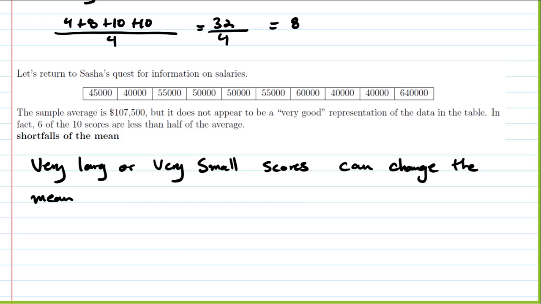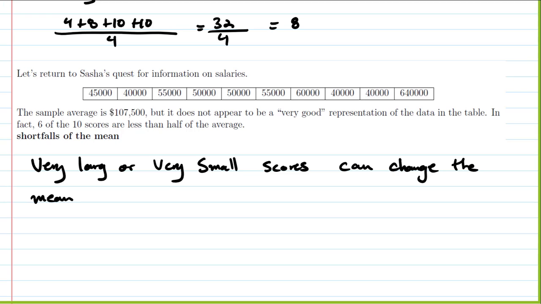So in this case, we have one score, 640,000, which is at least a magnitude, but many times greater than any of the other salaries. And that's what's causing the average to move up so much, right? So these outliers, or these very large, or on the opposite side, if they were very, very small, cause the mean to maybe not be the best representation of a data set.